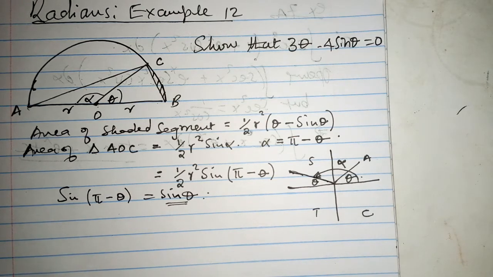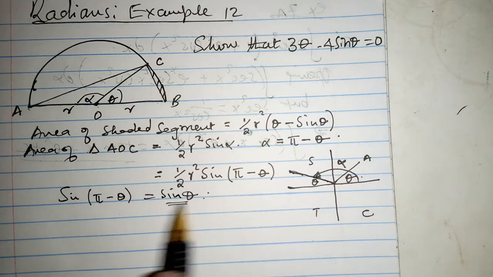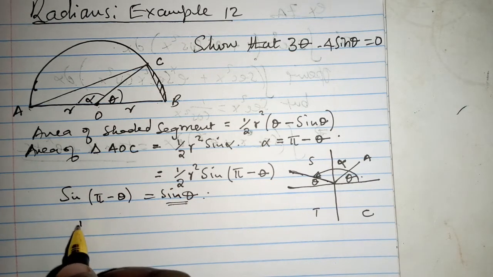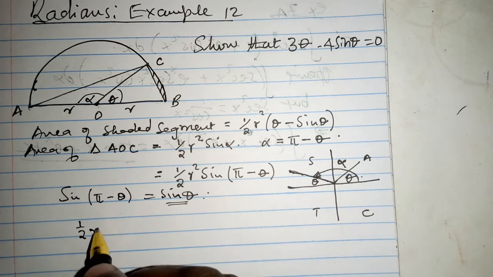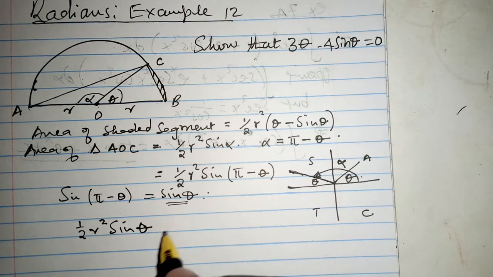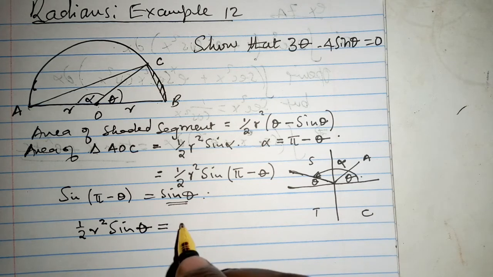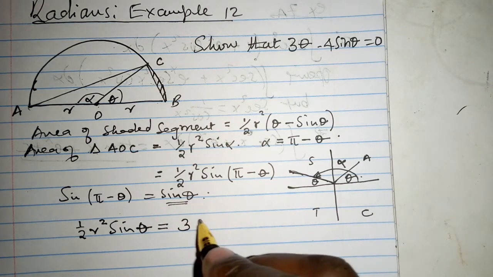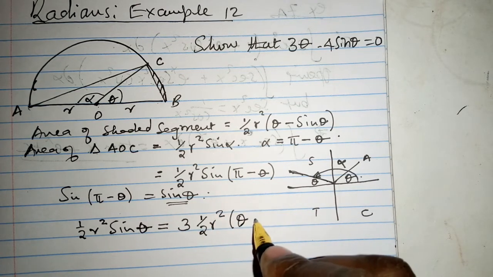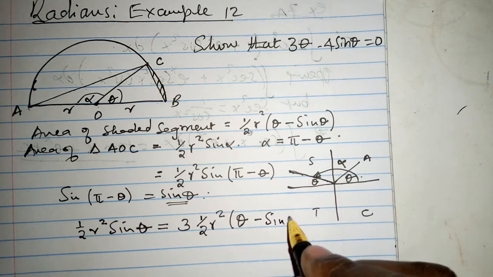So therefore, the area of the triangle AOC now becomes a half r squared sine theta, which is equal to 3 times a half r squared times theta minus sine theta.